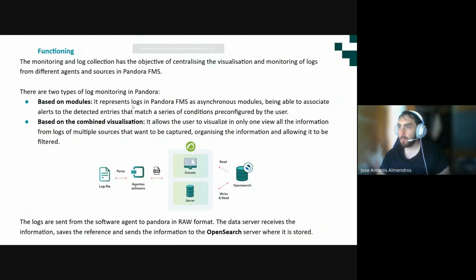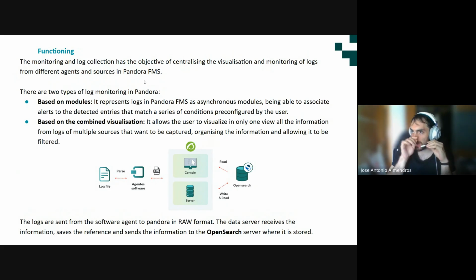The monitoring and log collection has the objective of centralizing the visualization and monitoring of logs from different agents and sources in Pandora FMS. There are two types of log monitoring in Pandora: based on modules, which store logs in Pandora as asynchronous modules, being able to associate alerts to the detected entries that match a series of conditions pre-configured by the user; and based on combined visualization.